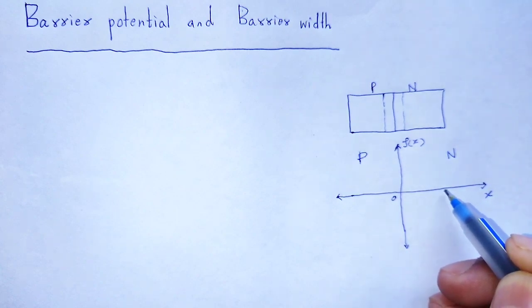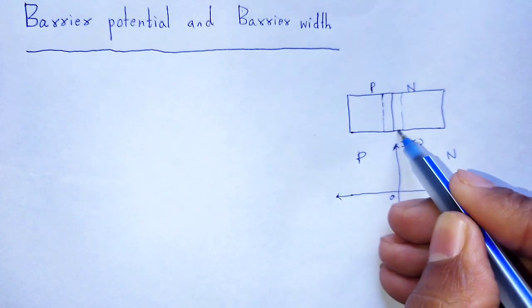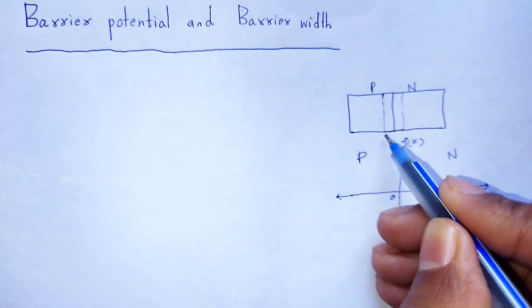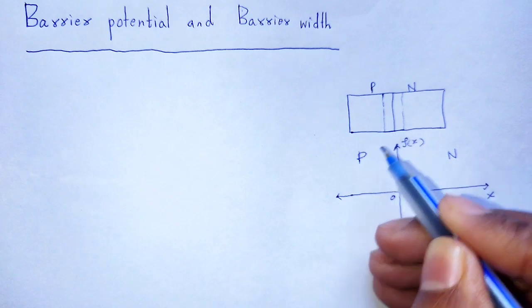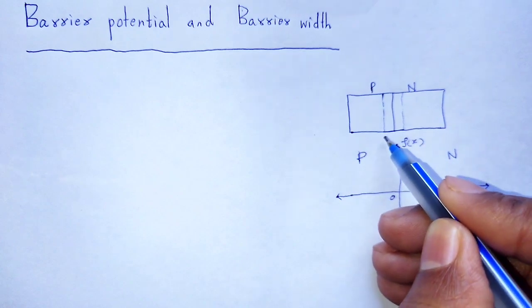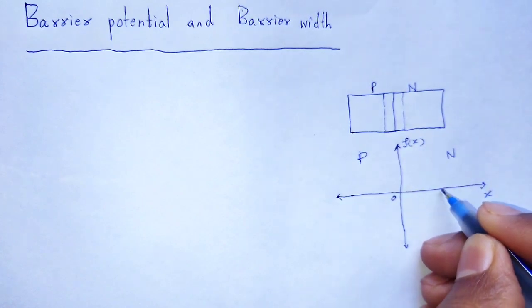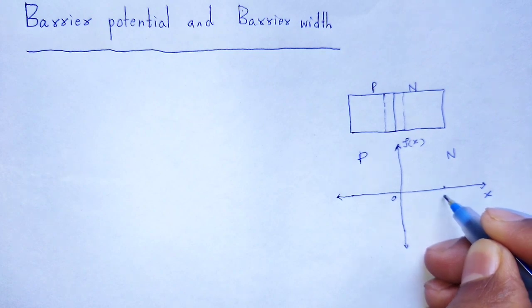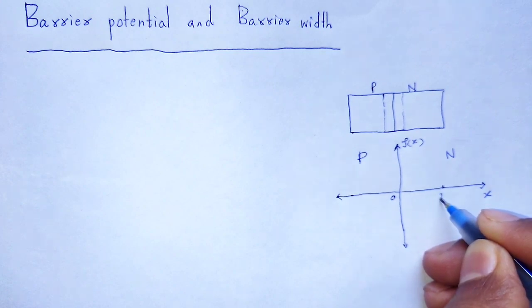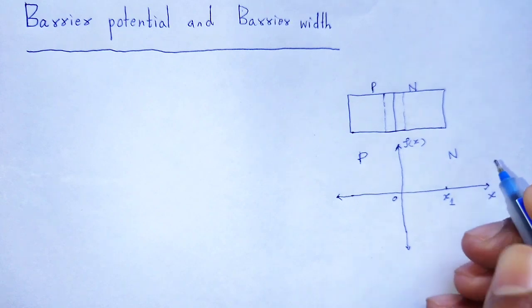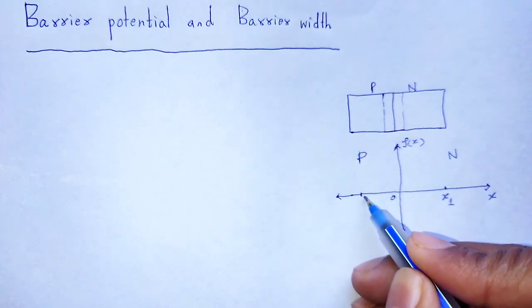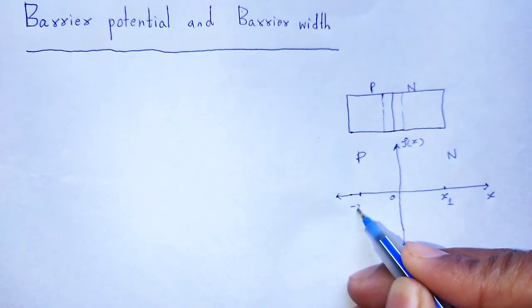So the width of the barrier is from minus x2 to x1: in the N region it is at x1, and in the P region it is minus x2.